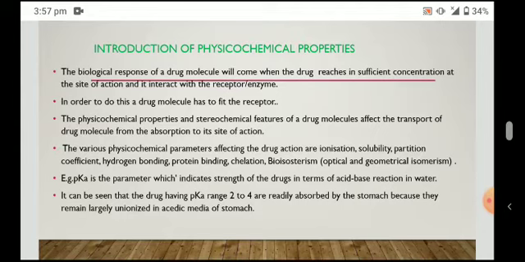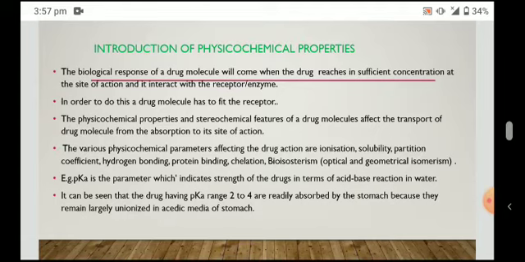For example, the pK value, that is the dissociation constant, is the parameter which indicates the strength of drugs in terms of their acid-base reaction in water. It can be seen that drugs having a dissociation constant in the range of 2 to 4 get readily absorbed by the stomach, because they remain largely unionized in the acidic media of the stomach.